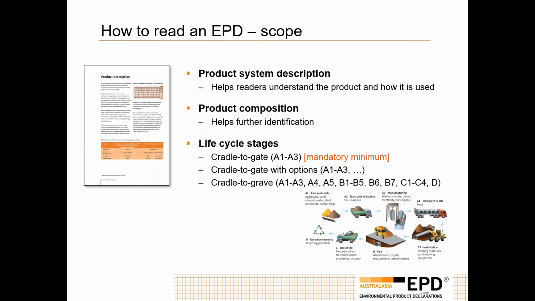But that stands for cradle to gate. Now, we also have cradle to gate with options. That's A1 to A3 and a number of options. That's basically up to the company that develops the EPD to decide which ones are relevant. And then there's a cradle to grave EPD, which covers all the life cycle stages from A1 to A3, A4, A5, etc., all the way up to module D.